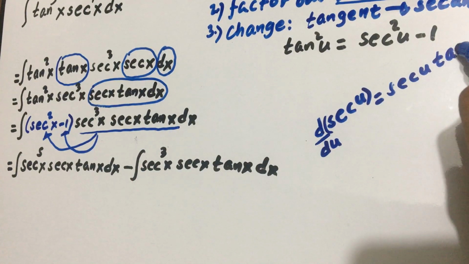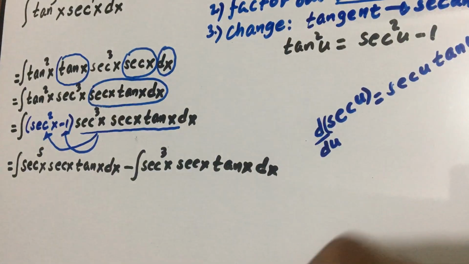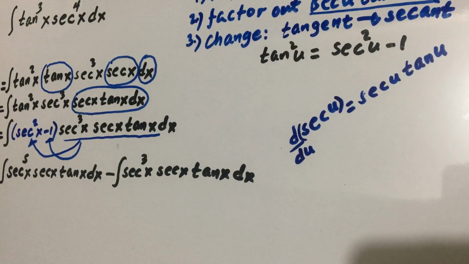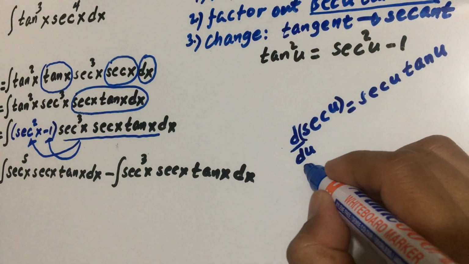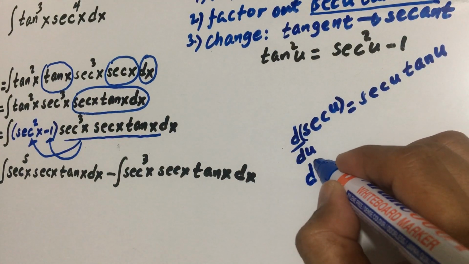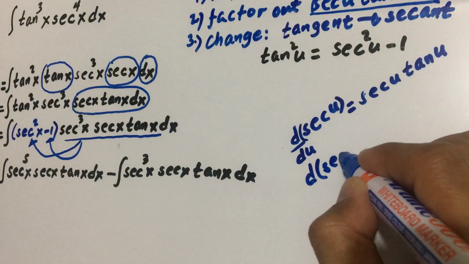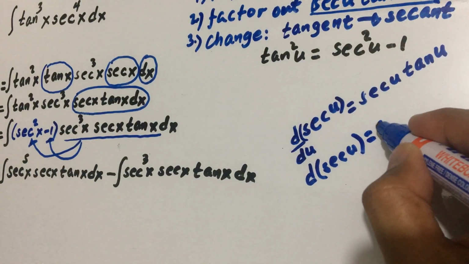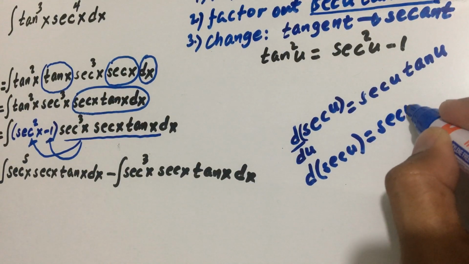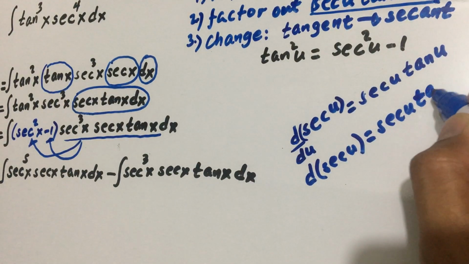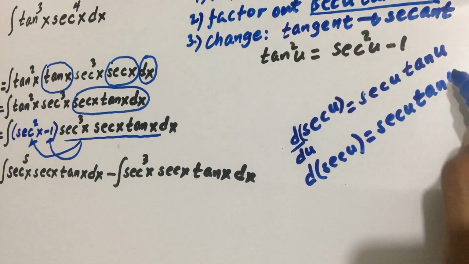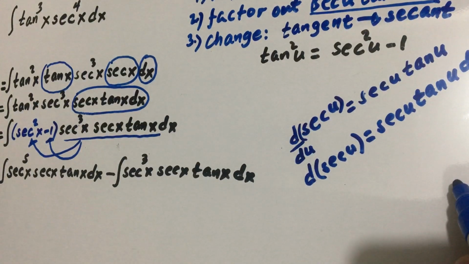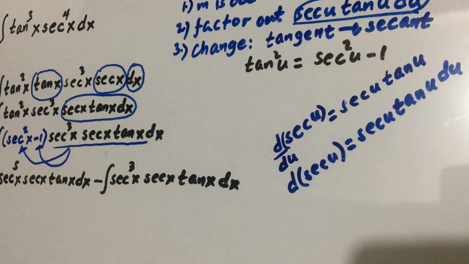Secant u times tangent u. Okay? Now if you are going to multiply both sides by du, the differential of secant u is equal to secant u times tangent u du. Okay?